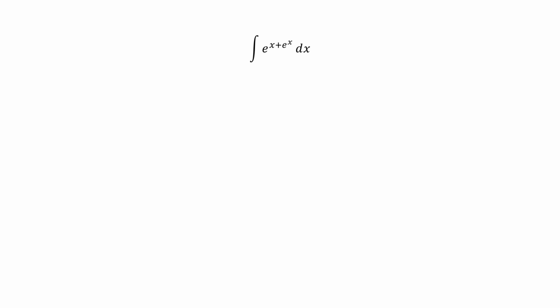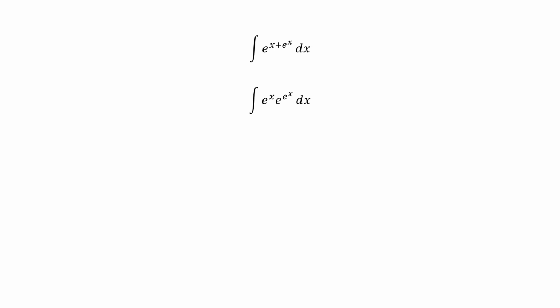We first evaluate the integral of e to the x plus e to the x dx. We begin by using exponent rules to obtain the integral of e to the x times e to the x dx.